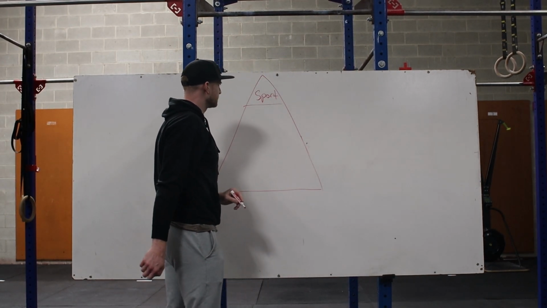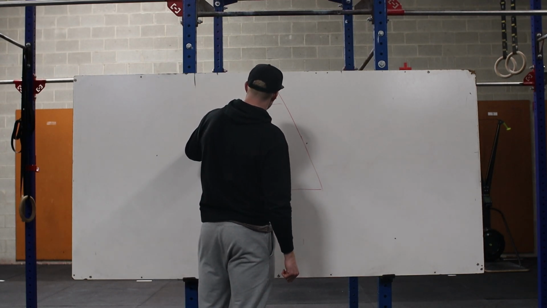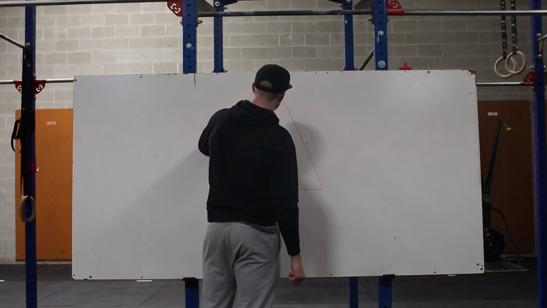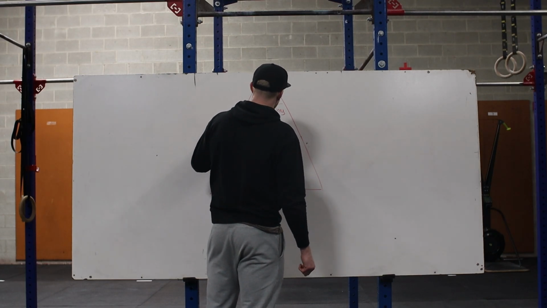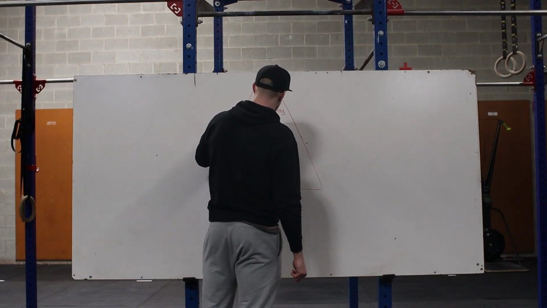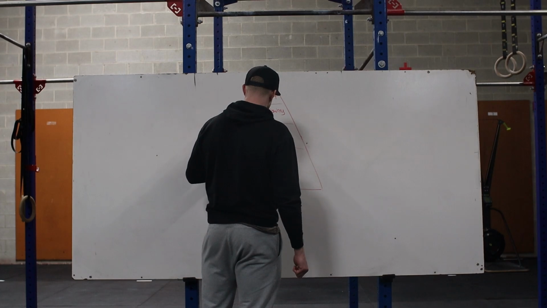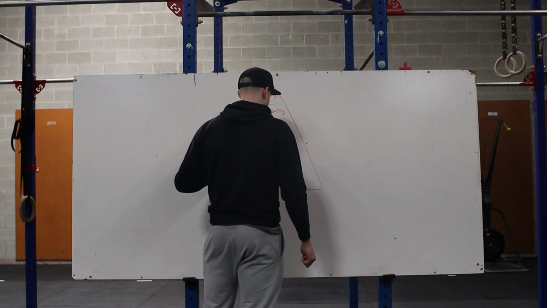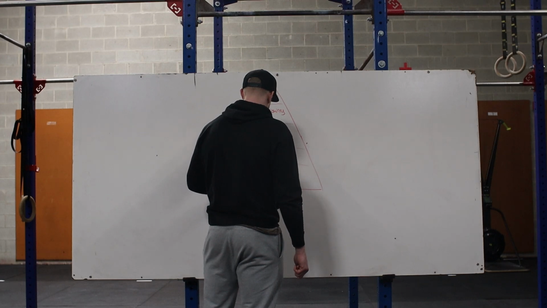That is not a very pretty triangle. Anyways, sport. The next one is weightlifting and throwing. Below that is gymnastics. Below that is Metcon. Can't see these, but you will in a second. And below that is nutrition.